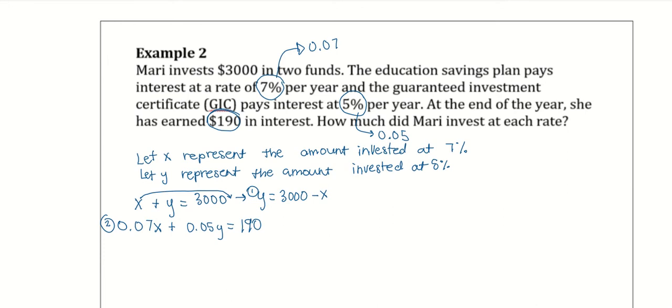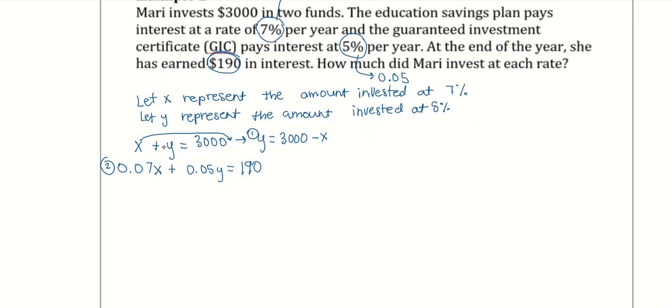I'm going to sub equation 1 into equation 2. So all that means is I'm going to rewrite equation 2 out so that it's right there for us. Wherever I see a y, I'm going to sub in 3,000 minus x, because that's what y is equal to.